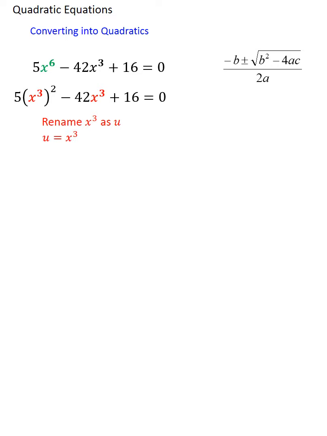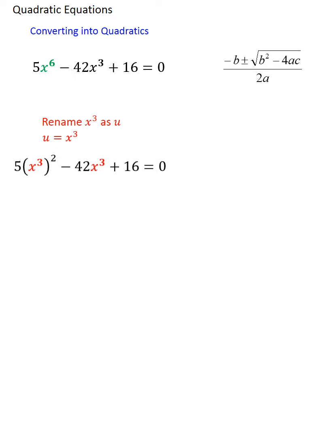But the idea is that we let U equal x cubed, just making up some new letter, and insert it in the problem. I can then take this problem that has x cubed appearing twice and replace each x cubed with my newly chosen letter, say U. And the reason this is a benefit is the following.